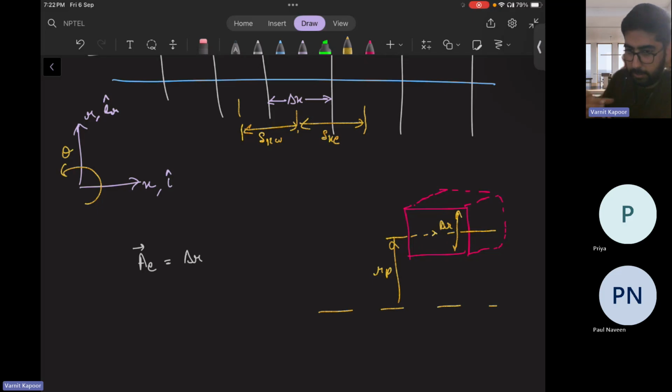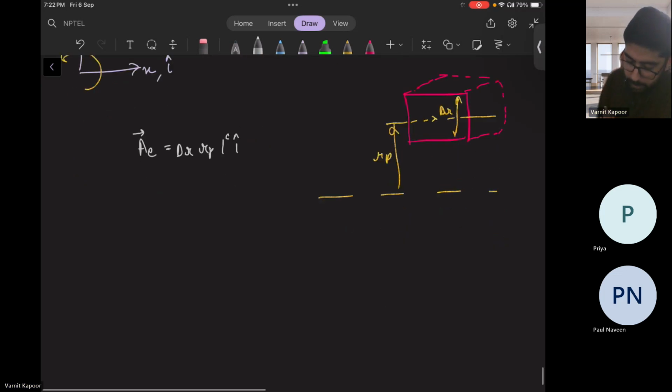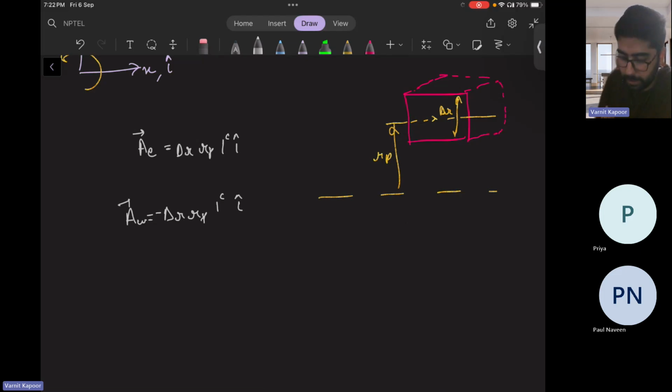The whole pipe is divided into these small cells. So del r into R_P into 1 radian i hat. Similarly, A west will be negative of del r into R_P into 1 radian i hat, negative i hat basically.